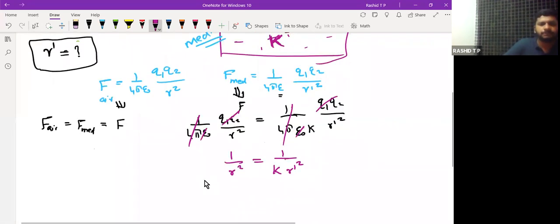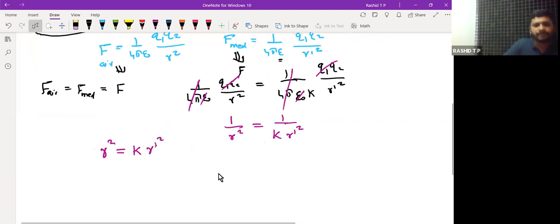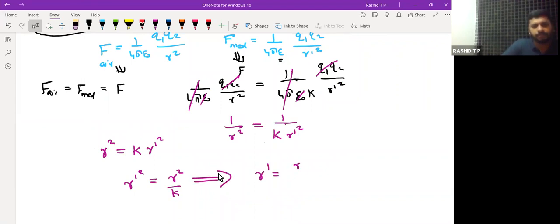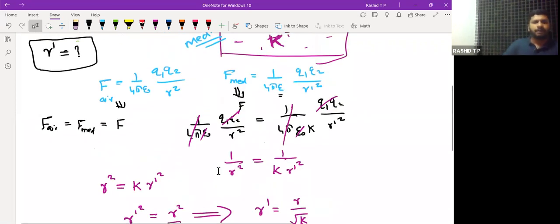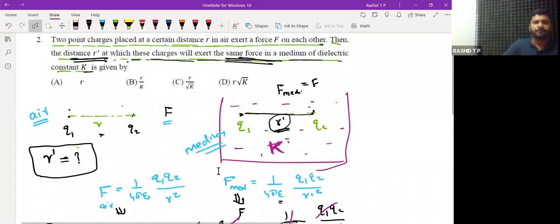That is r square is equal to K r prime square. That is r prime square is equal to r square by K, so r prime is equal to r by root K. R by root K is the answer.